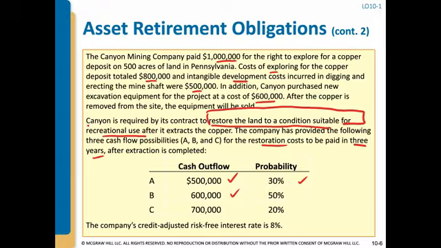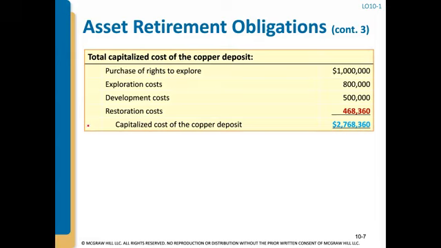Or it could be $600,000 and they give it a 50% probability, or $700,000 is 20%. The problem also tells us that the credit adjusted risk-free interest rate is 8%. We're going to need that for present value, which you will see.